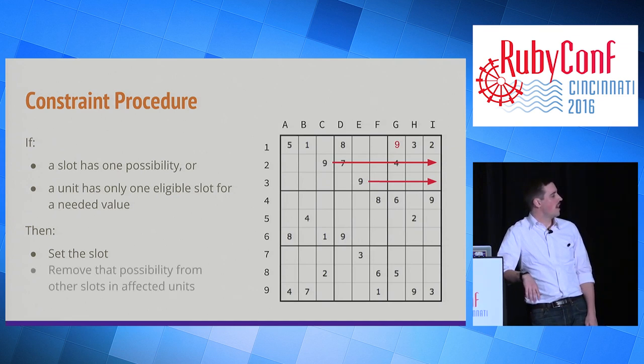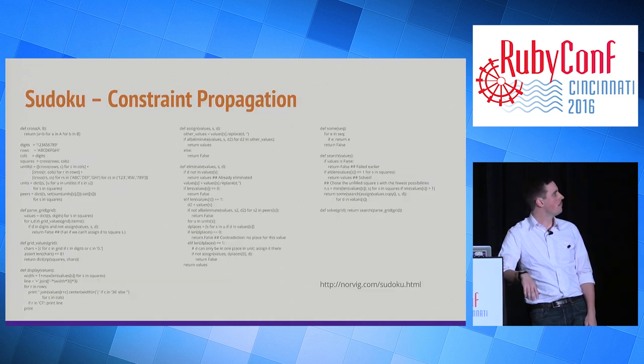And we need to set the slot to 9, and then our next step after this would be to remove 9 from the other affected boxes, from column G, and from row 1, and from the box that's made up by GHI 1, 2, and 3. In our data structure, we would need to eliminate those possibilities. So these are some pretty straightforward constraints, and we can just apply these over and over again.